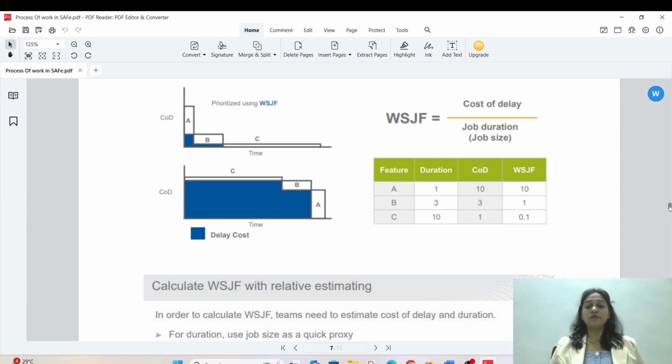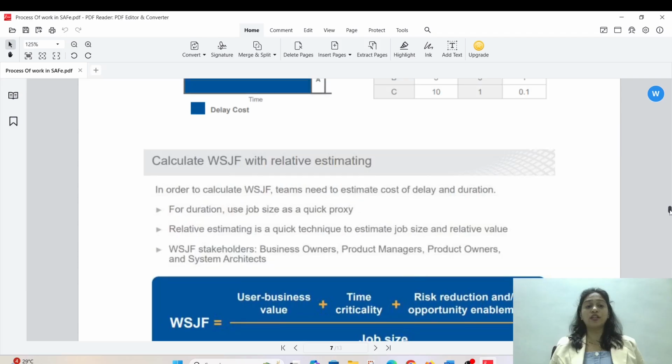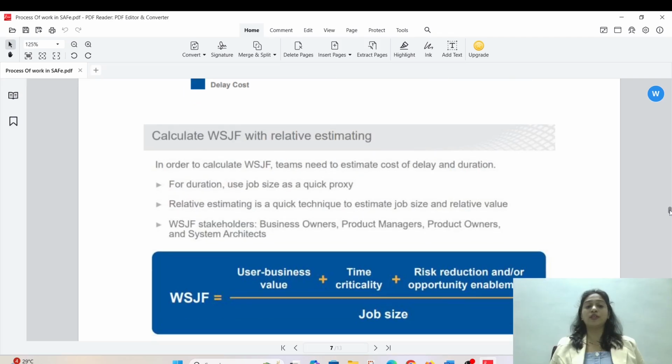Yeah, so how can we calculate WSJF with relative estimating? In order to calculate WSJF, the team needs to estimate cost of delay and the duration. For duration, use job size as a quick proxy. Relative estimating is a quick technique to estimate the job size and the relative value.